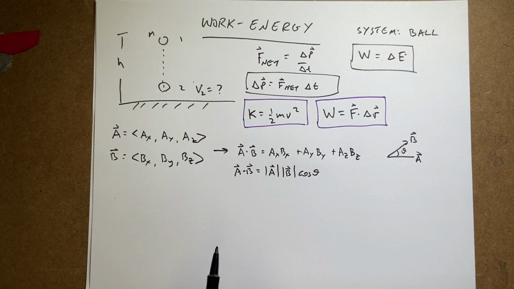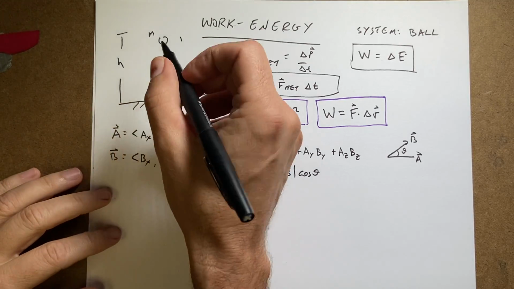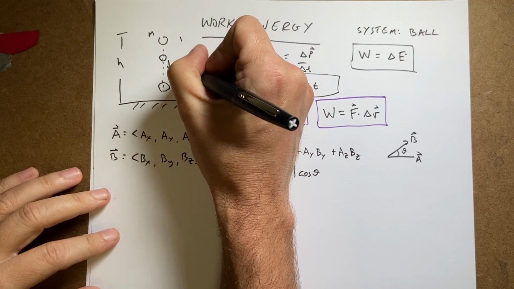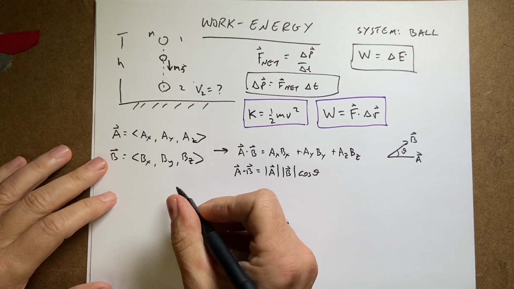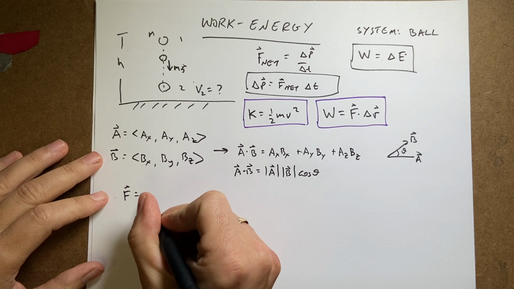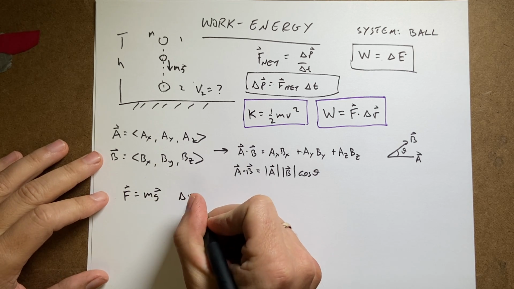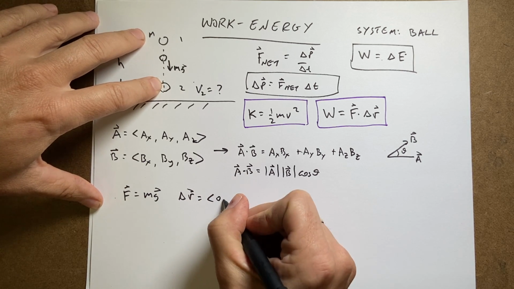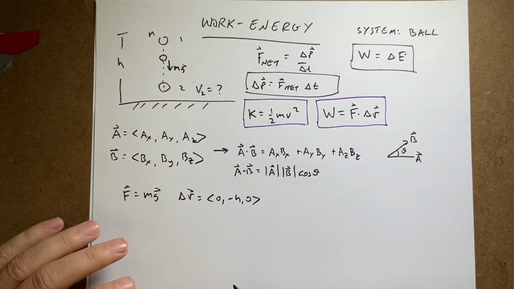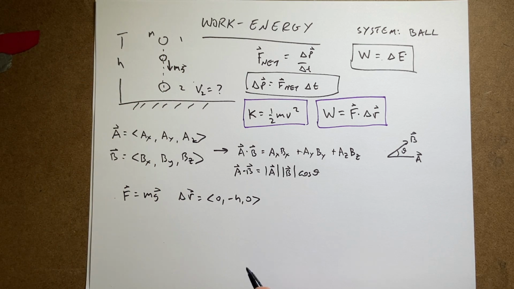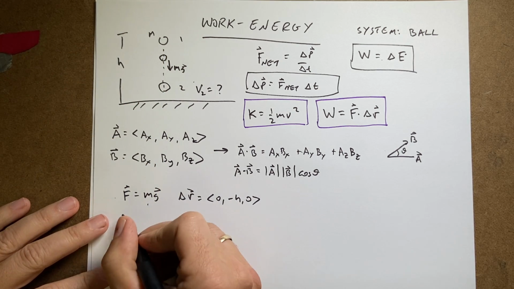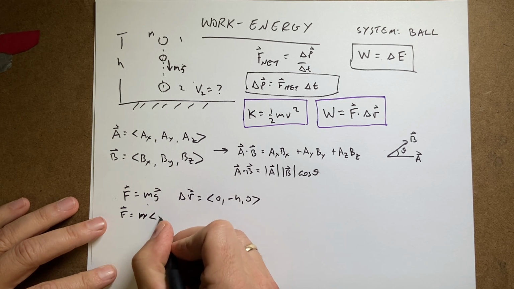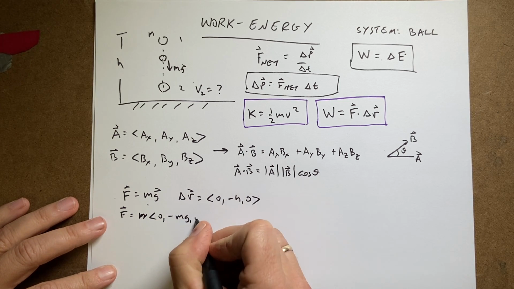Okay. So if I did that up here, I would say, well, what force is acting on my system of just a ball? It would be the gravitational force, mg, so I'd have F equals mg. Delta R would go from position 1 to position 2, so that would be the vector 0, negative h, 0, right? Because it's moving down that way. And in fact, I can write F as m times 0, negative g, 0, right?